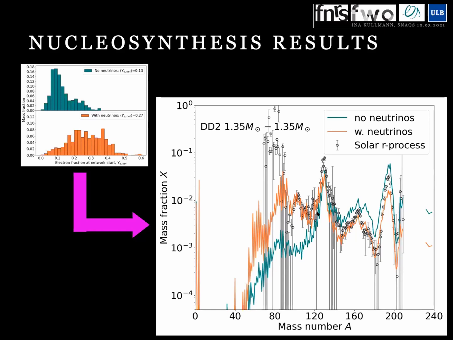The discrepancy is about mass number 120 or 130, and it produces a larger amount of the heaviest elements and also the actinides, as you can see here.